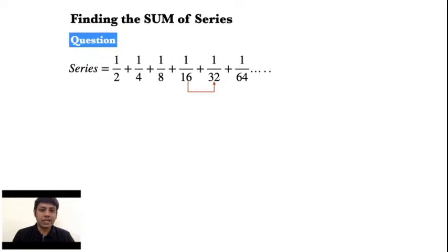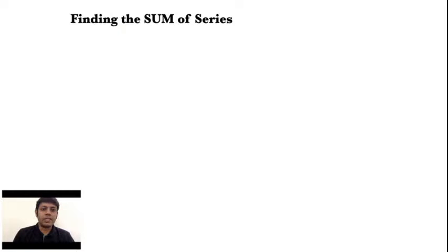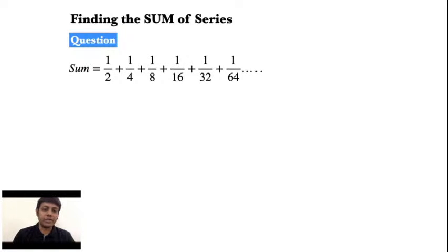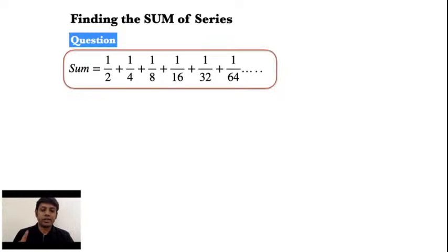So you have a series here, and every subsequent term in the series is half of the previous one. Now the question is: what is the sum of the series? So you have to find the sum of this series.